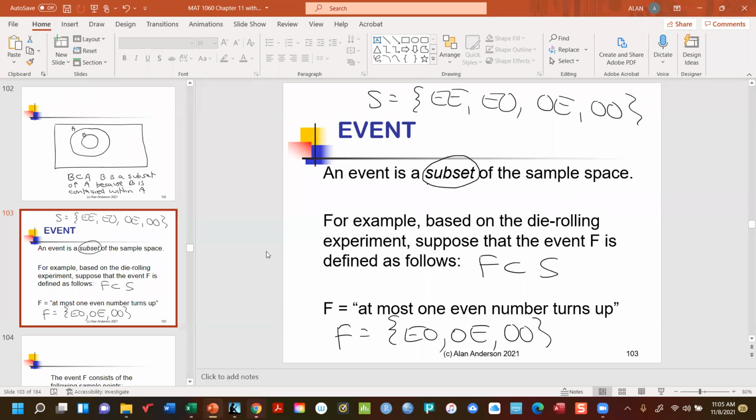So if all sample space elements, which by the way are often called sample points, are equally likely, then this is true. All we need is the number of elements in E versus the entire sample space, and we're good.